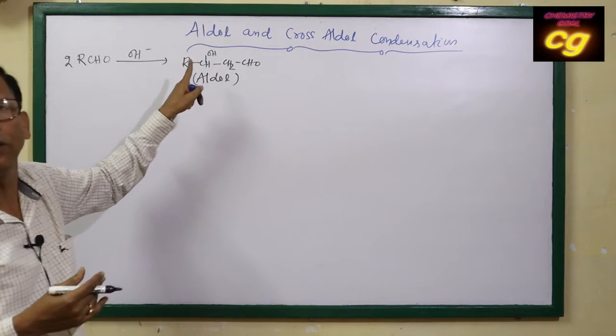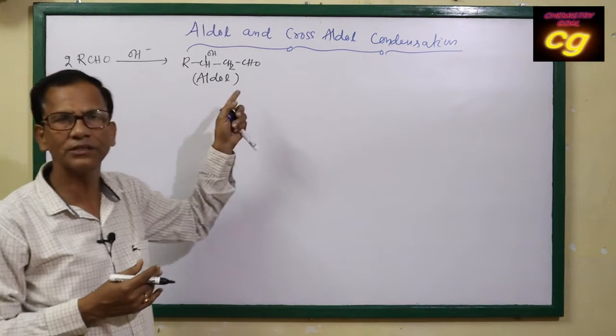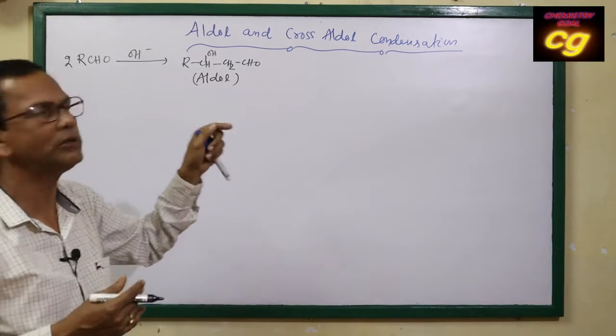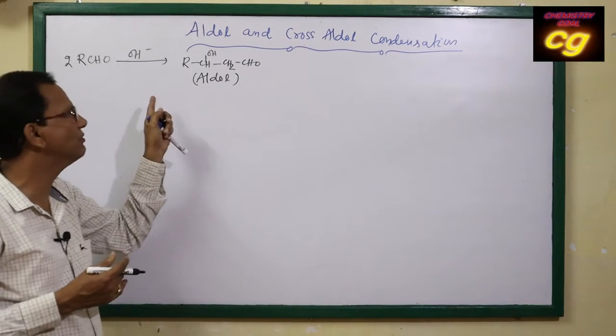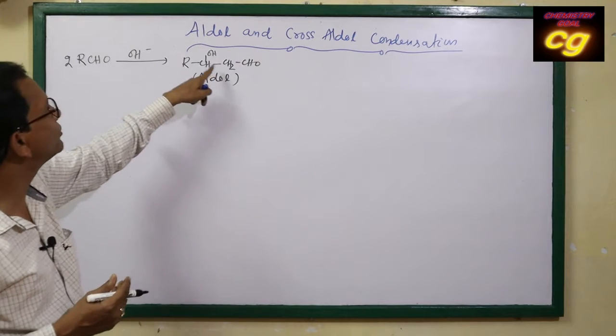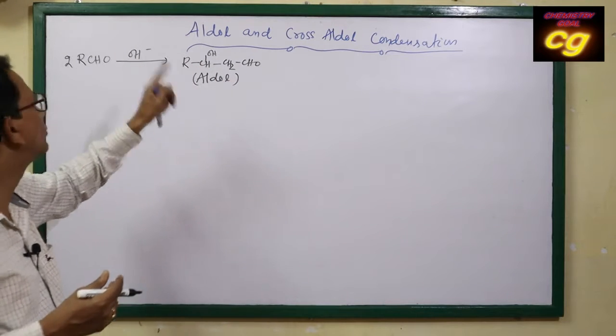Already we have discussed aldol condensation in our previous video, in the aldehyde ketone chapter. The name reaction also we have discussed. So this is called aldol because it contains aldehyde and alcohol.